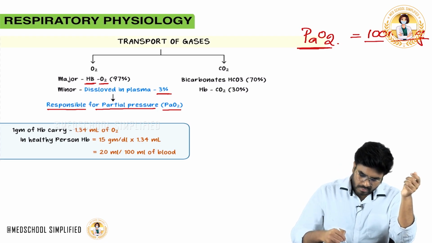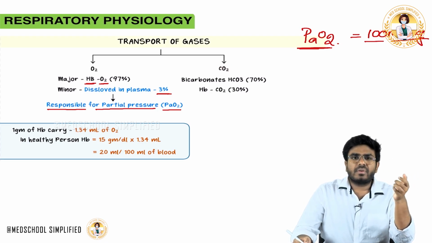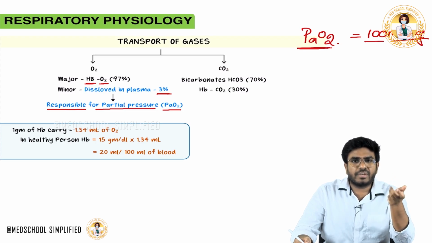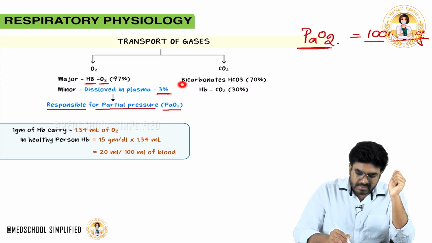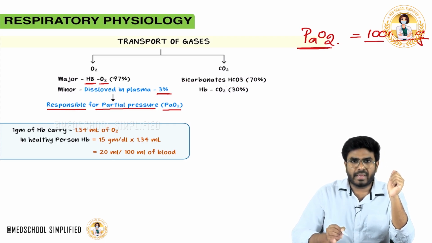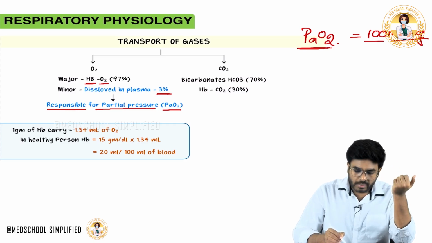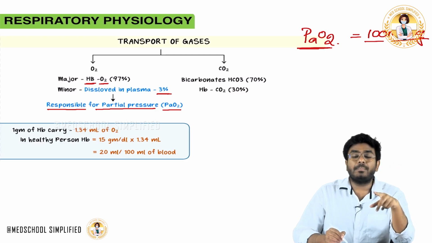Now let's talk about the carbon dioxide. From where is carbon dioxide coming? Carbon dioxide is coming from the tissues. Now carbon dioxide is majorly transported in which form? Bicarbonates in the plasma.